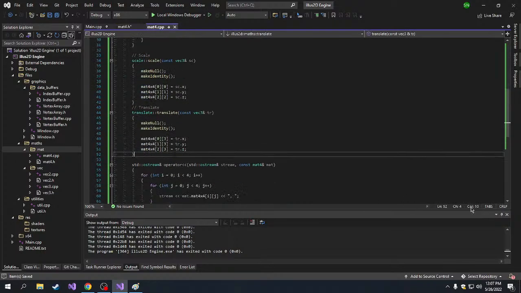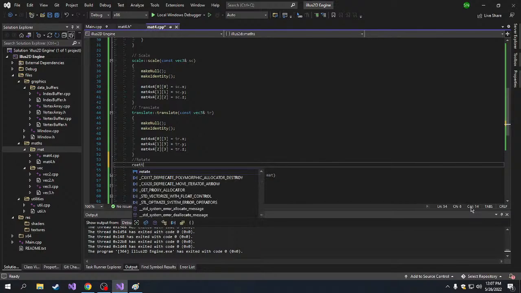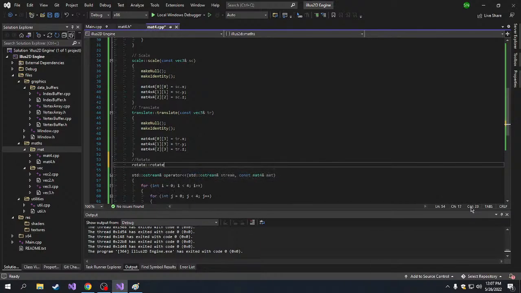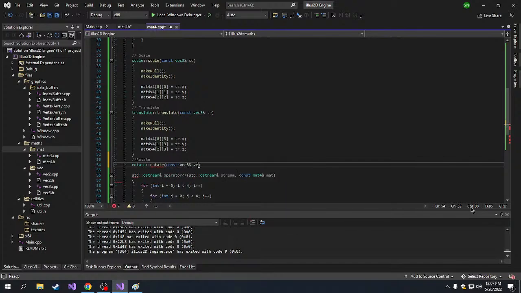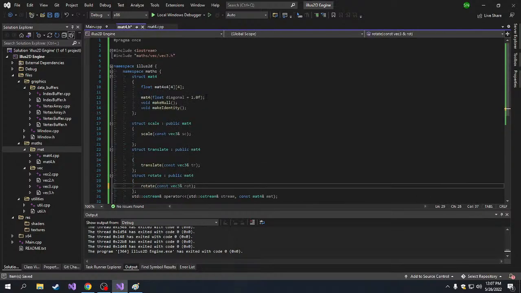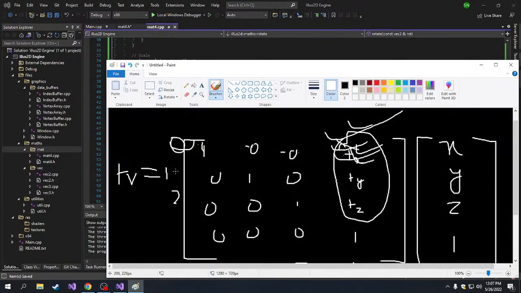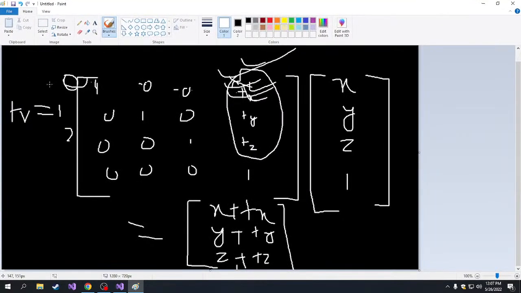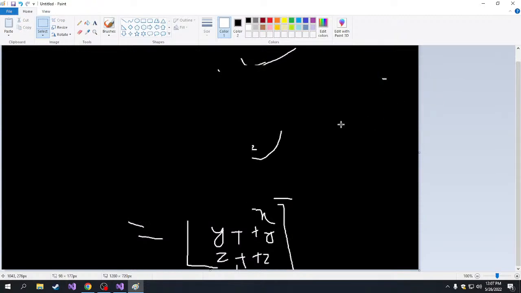I'll come over here and make the function. So the way you do rotation is actually hard as compared to scaling and translation matrices.